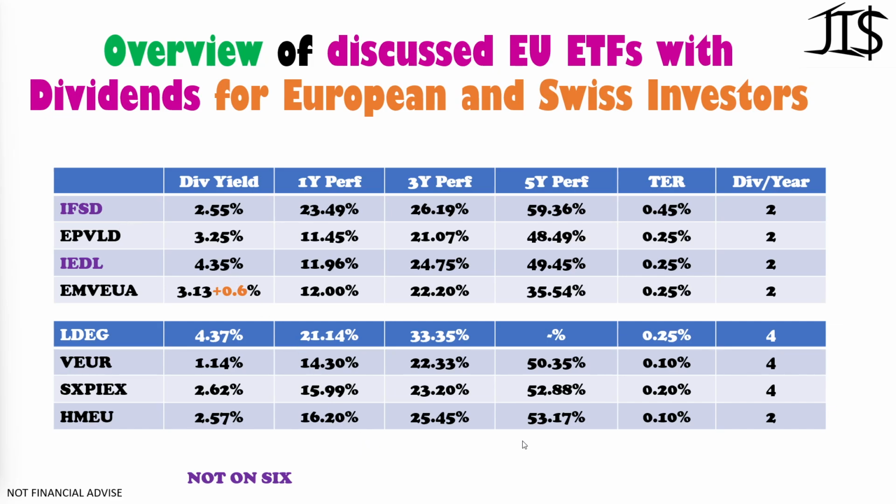The 3 year performance and the 5 year performance, yeah, that's more or less comparable, and the total expense ratio is only 0.10%. And 2 dividends per year.